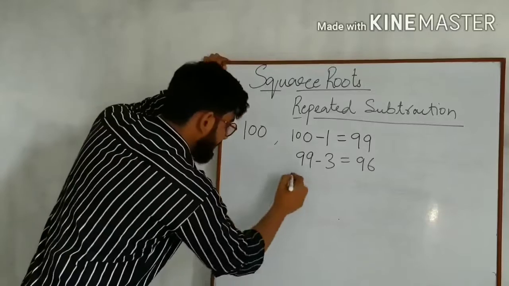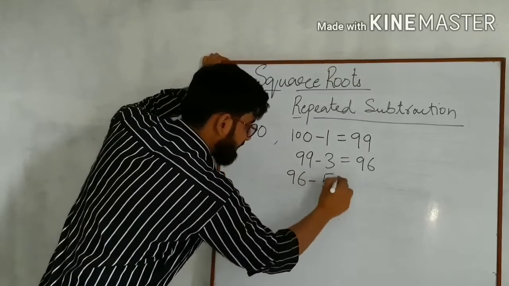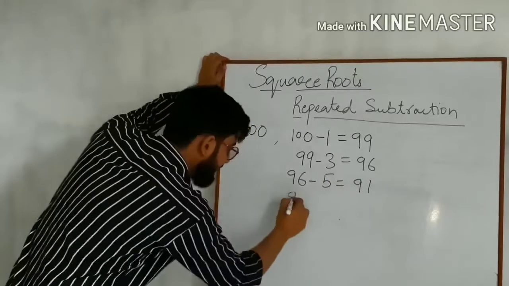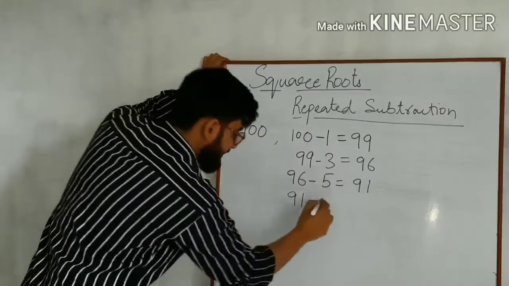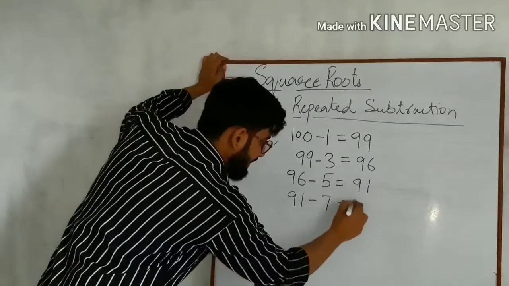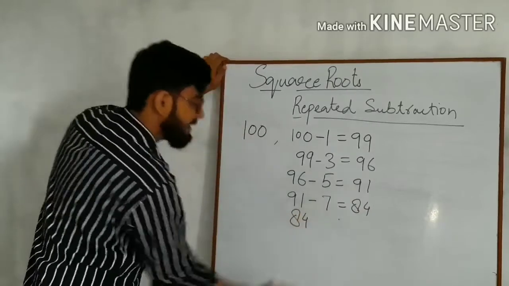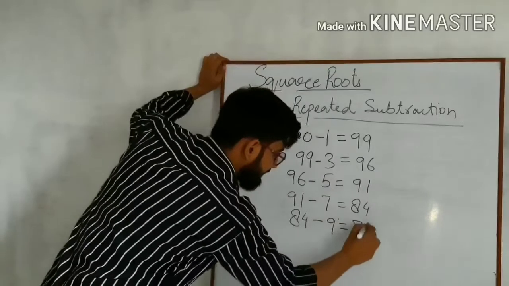Then take 96 and the odd number after 3 is 5, so it comes out to be 91. Then take 91 and the odd number after 5 is 7, so it comes out to be 84. Then take 84 and the odd number after 7 is 9, then it comes out to be 75.